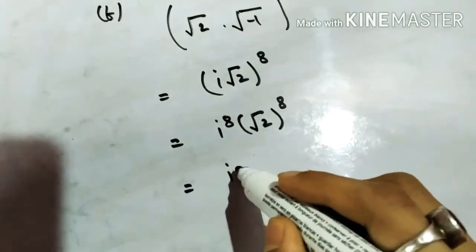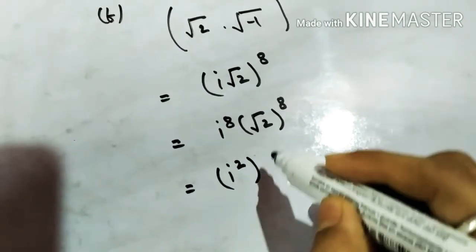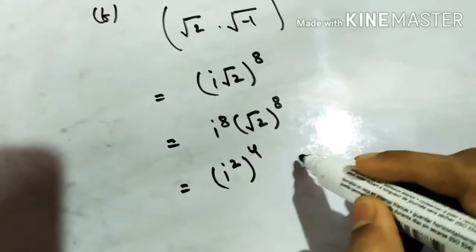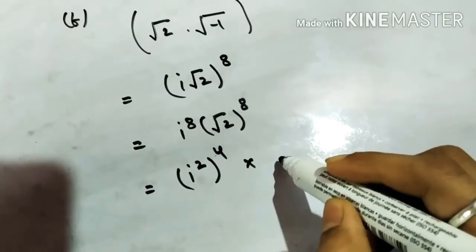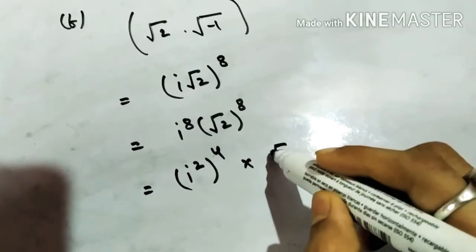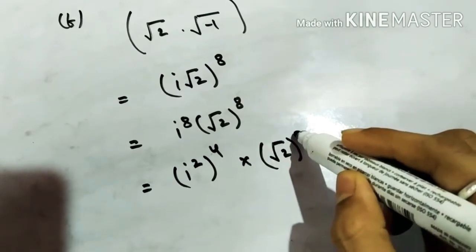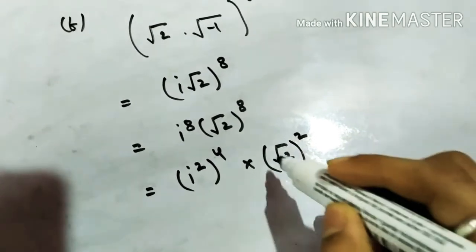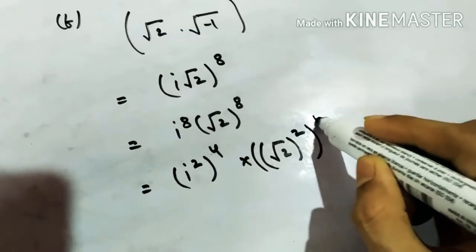This I can write as i square to the whole power 4 into root 2 square to the whole power 4.